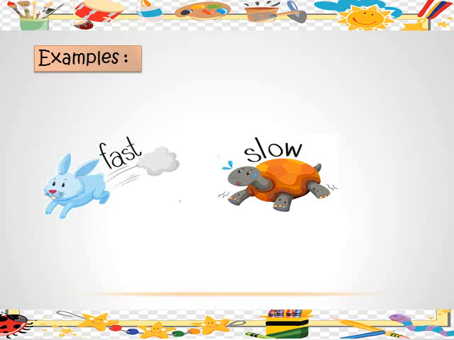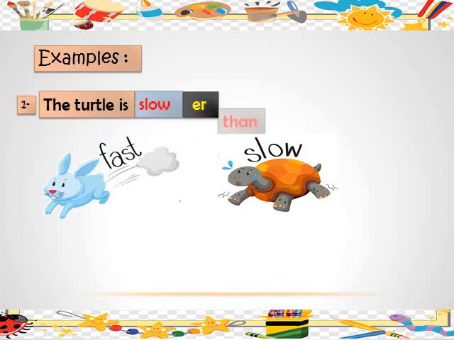It describes the way the rabbit runs. Let's compare between the rabbit and the turtle. Which one is faster or which one is slower? Let's start with the turtle. The turtle is slower than the rabbit.